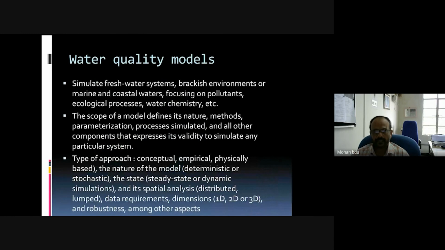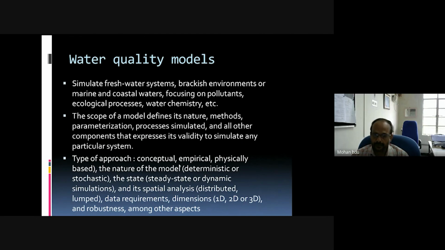Similarly, there are water quality models which are being used to predict the impact of industry or a development activity on the surface water or groundwater, or even inside the marine environment, if there is a leakage or a dispersion of pollutants in the marine environment, we can use different models and analyze the impact of pollution.